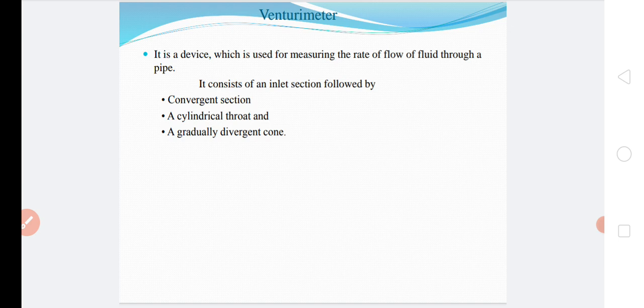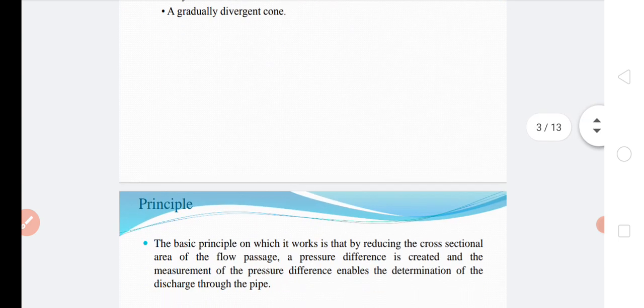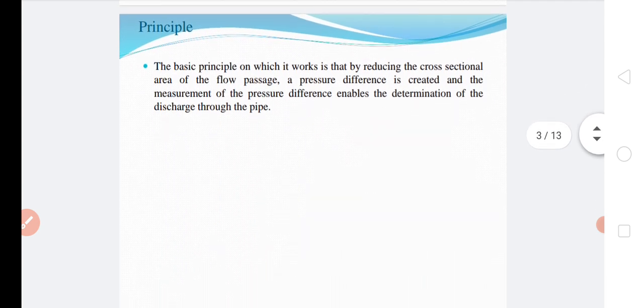Now, the principle of the venturimeter. Venturimeter is an apparatus used for measuring the discharge of a fluid flowing through a pipe.